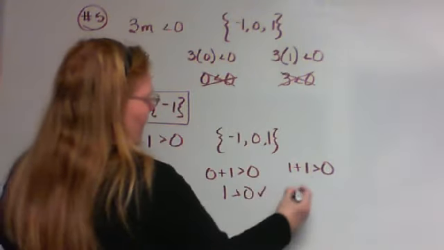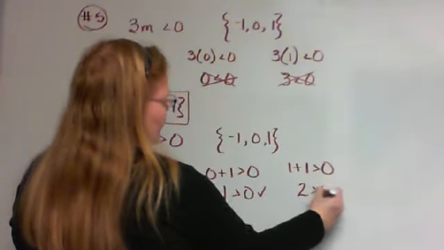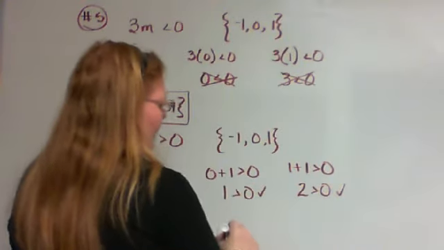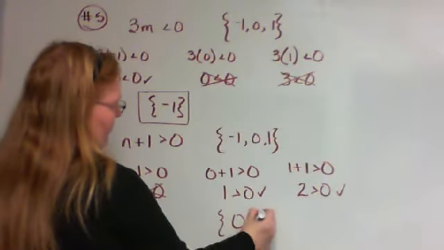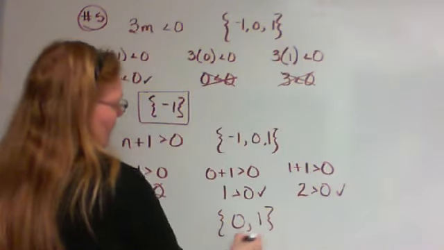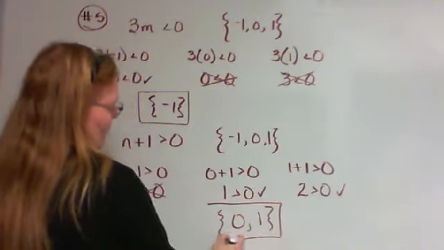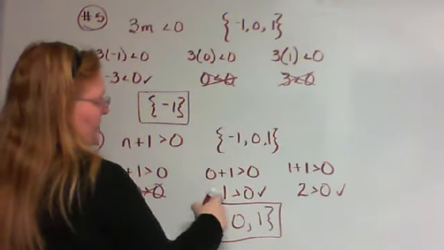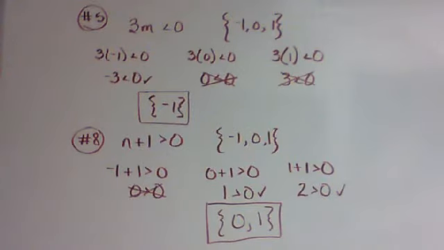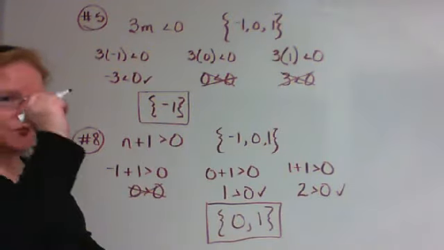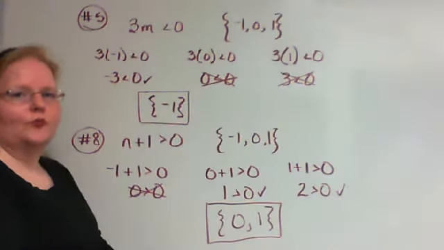That one's good. And here I get 2 is greater than 0. That one's true. So my answer needs to be 0 and 1. Both of them go in there because both of them worked. If none of them work for you, that's when you use the little empty set symbol.